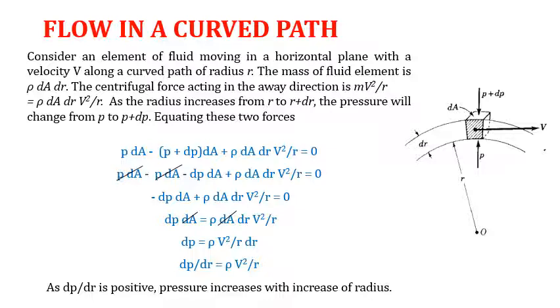As dP over dr is positive, the pressure increases with the increase of radius. So initially what we assumed is correct. Had this been negative, that would actually reverse the initial assumption.